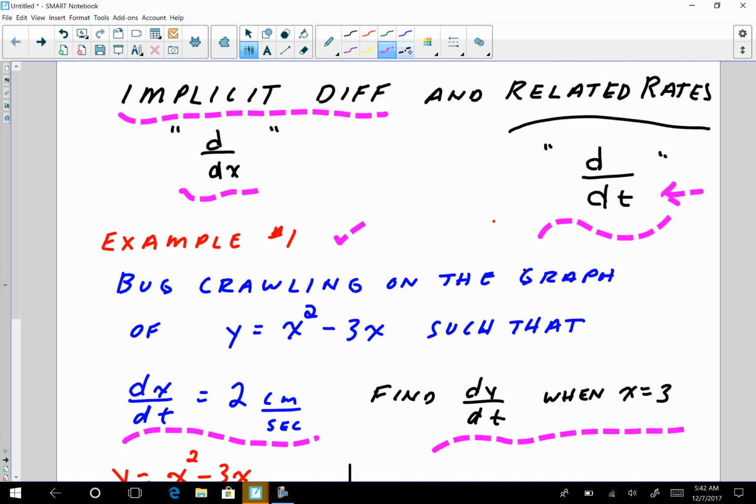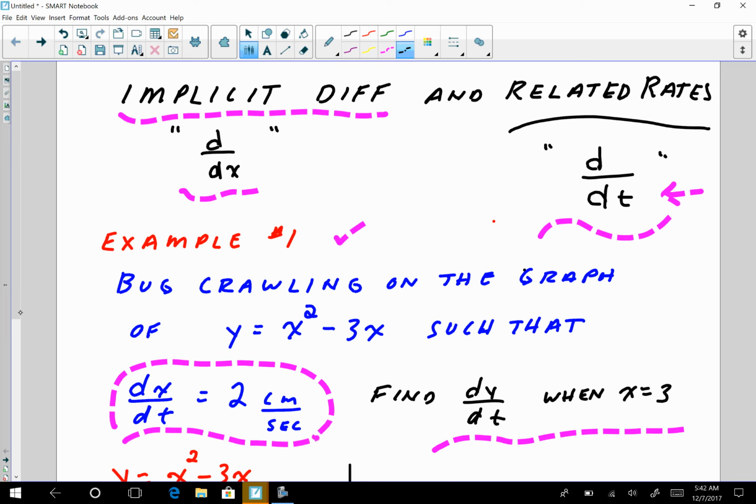This statement is going to remain constant in our problem. The rate the x is changing is always going to be 2 centimeters per second, meaning the bug is going to be crawling to the right. The x values will be increasing since the rate the x changes with respect to time is positive.